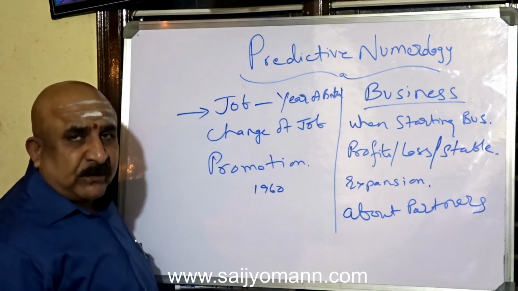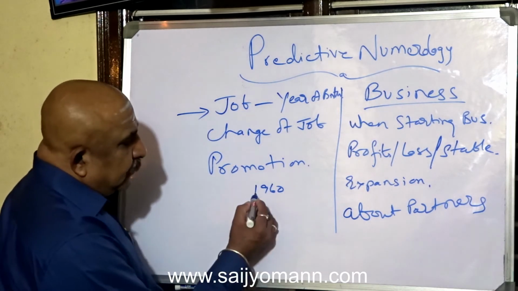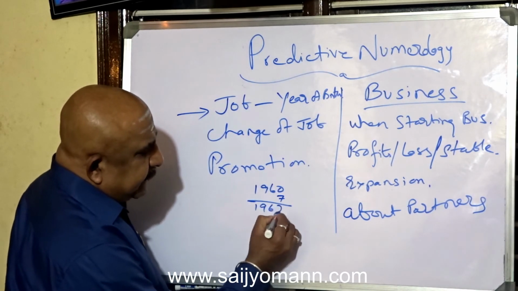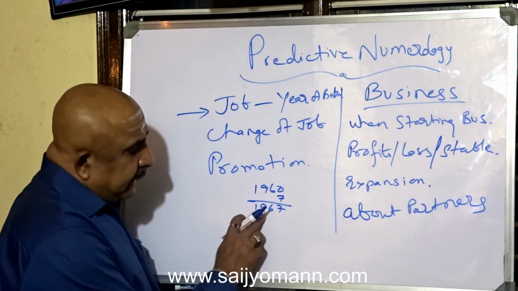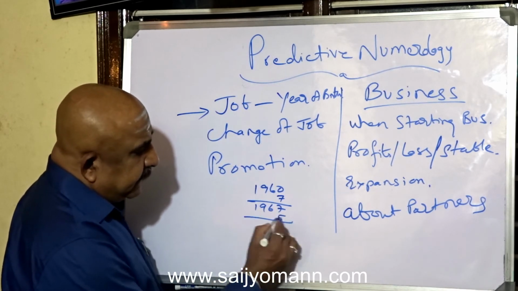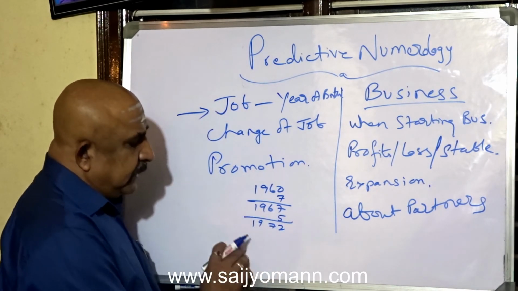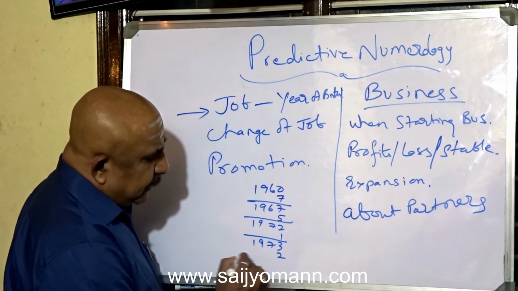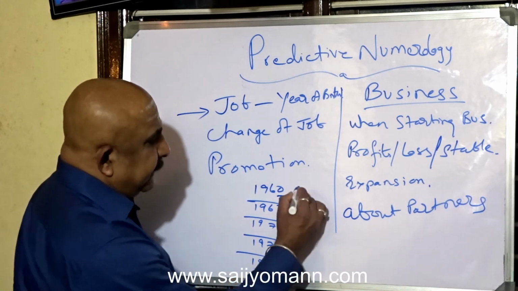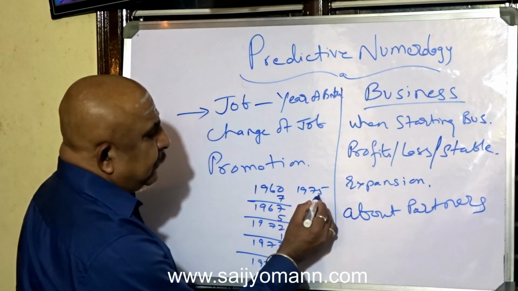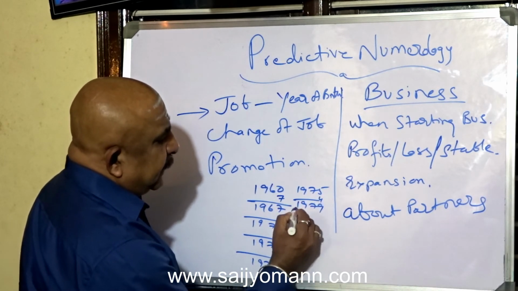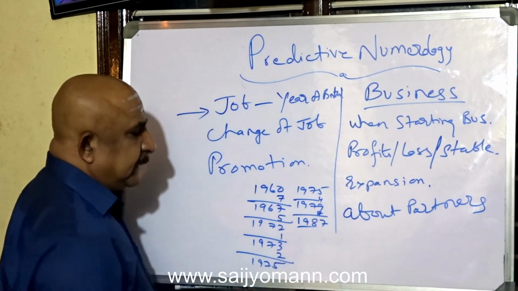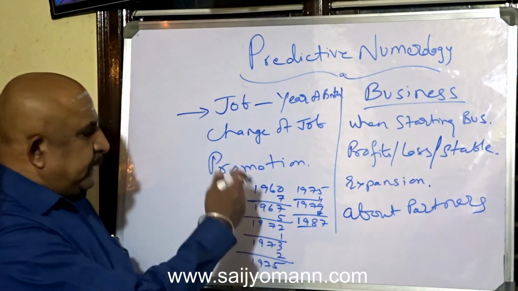Now the need has come, so again I am going to do the same calculations. 1, 9, 10 plus 6, 16, that is 7. 1967 is the number. 1, 9, 10, 16, 7, 23, 5, that is 72. 1973. 1975, 22, 4. 1979, 26, 8. 1987. This is how the years go.